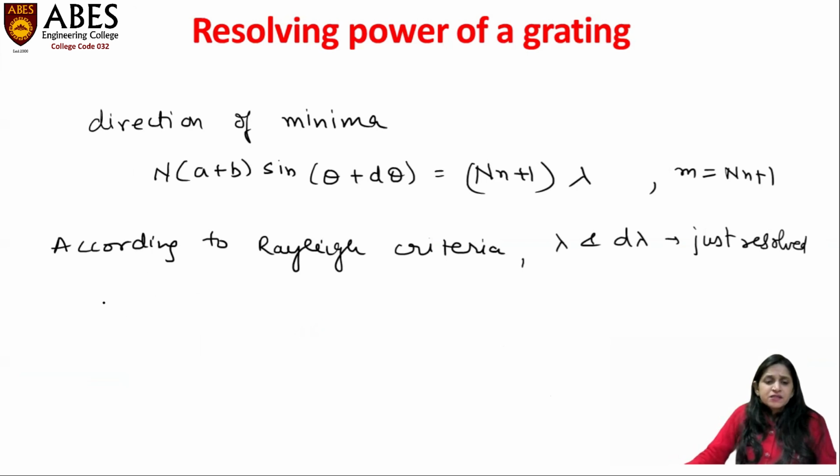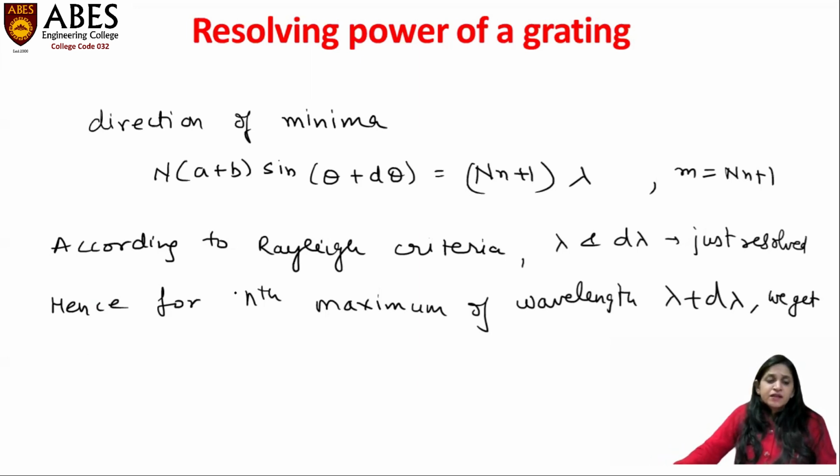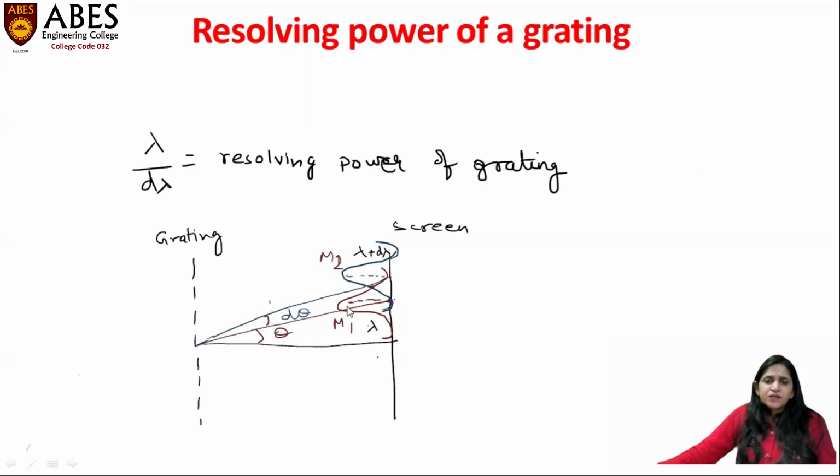Hence, for the nth maxima of wavelength lambda plus d lambda, we get: this maxima is forming at an angle theta plus d theta.